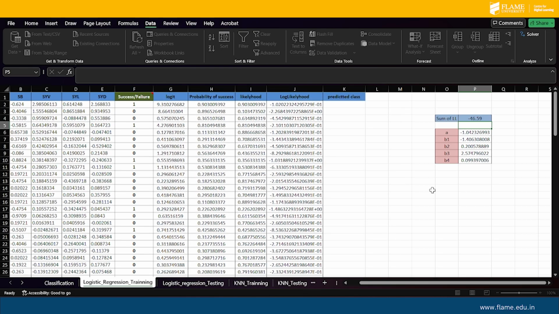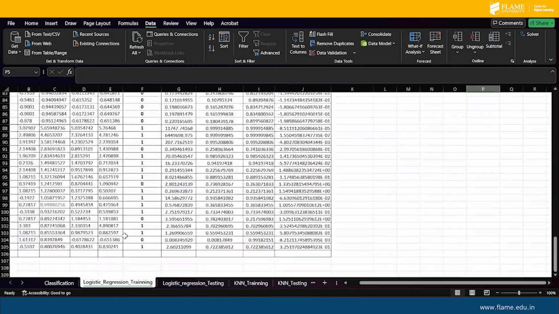And if you get this, these are the coefficients of regression for your logistic regression. Now, later we will come to this predicted class, how we can predict the class based on the value. Before that, we just try to now use these coefficient values for the testing data set.